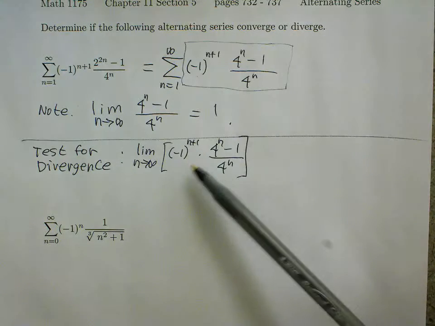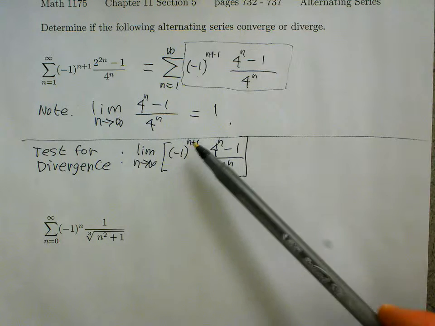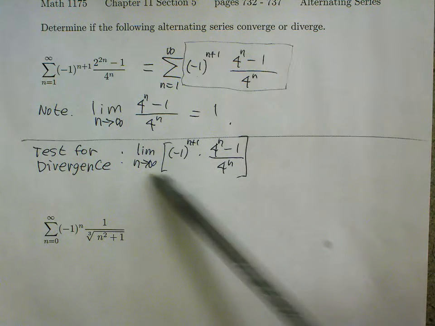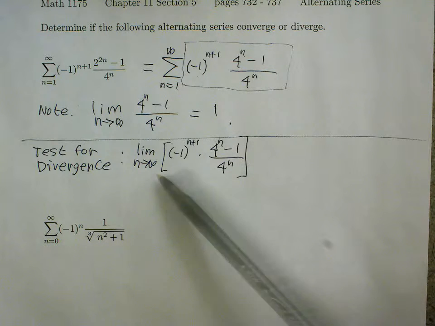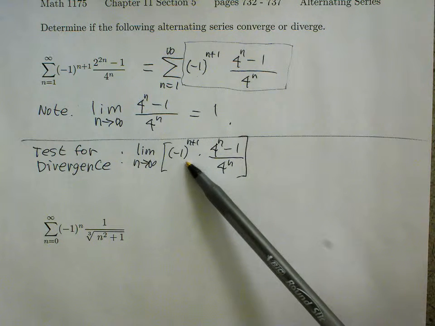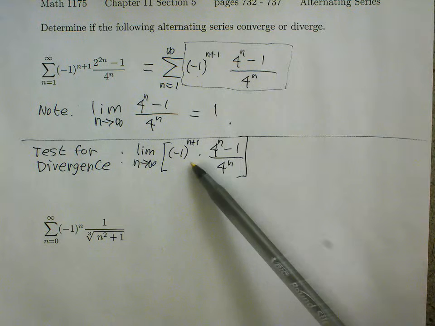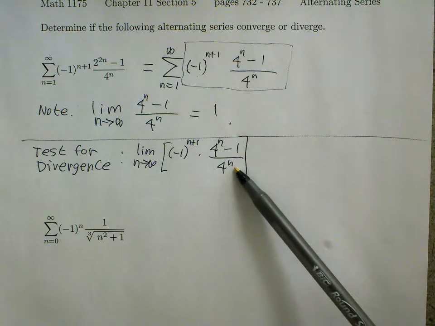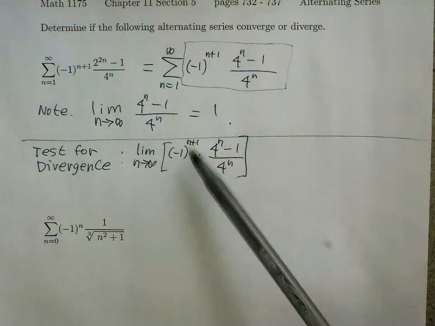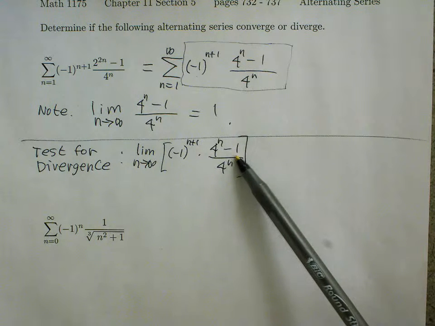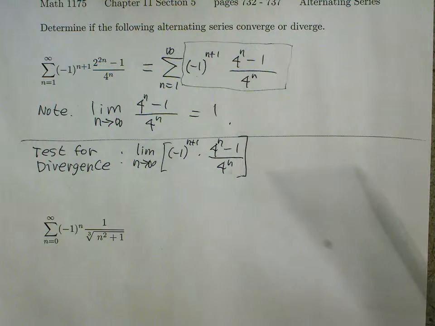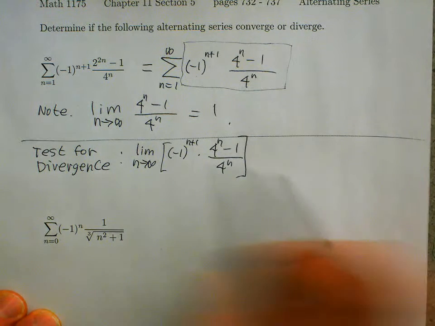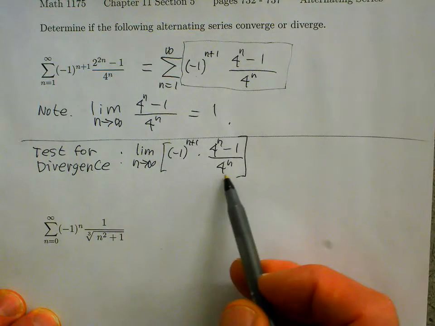Well, even with the negative 1 to the n plus 1, as n approaches infinity, when n is even, those terms approach negative 1, and when n is odd, those terms approach positive 1. So this limit doesn't exist.